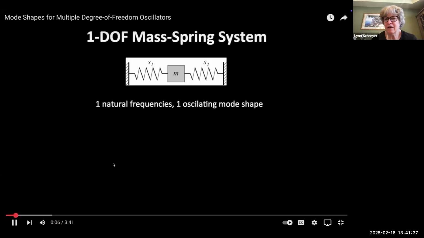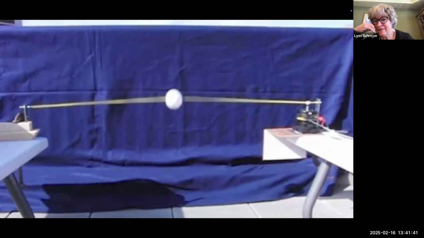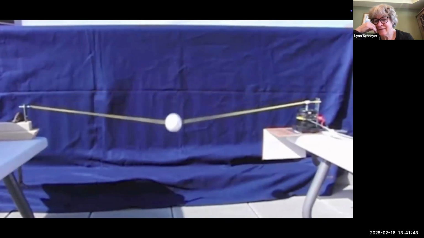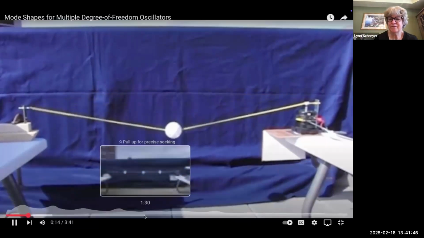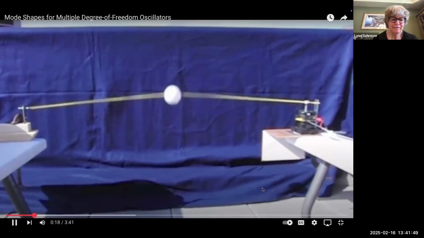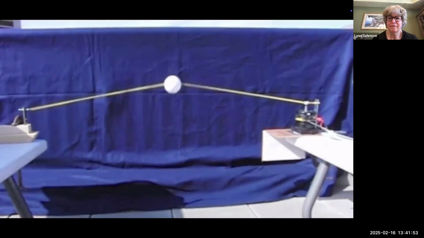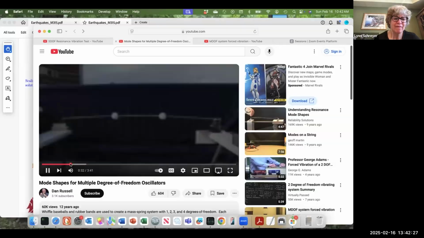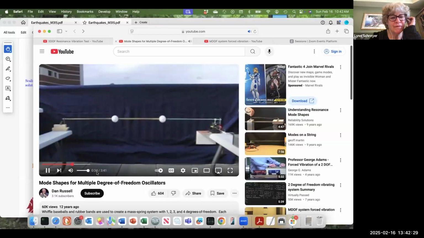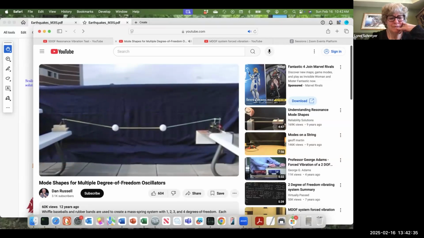A one degree of freedom mass spring system has one natural frequency and one vibrational mode shape. The mass oscillates back and forth, or in this case up and down, at a frequency that depends on the inertia or mass and elastic or stiffness properties of the system. In the first mode, the 2 masses move in the same direction at the same time, basically looking like a 1 degree of freedom oscillator.